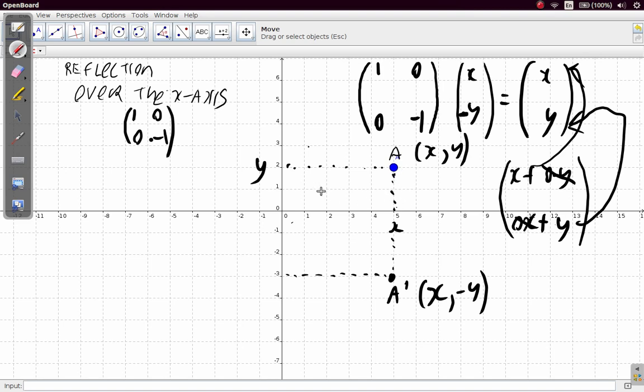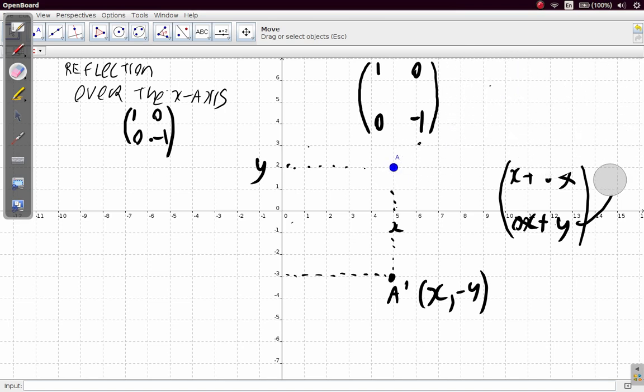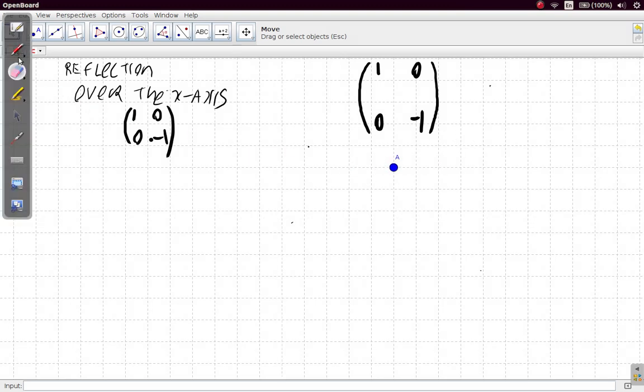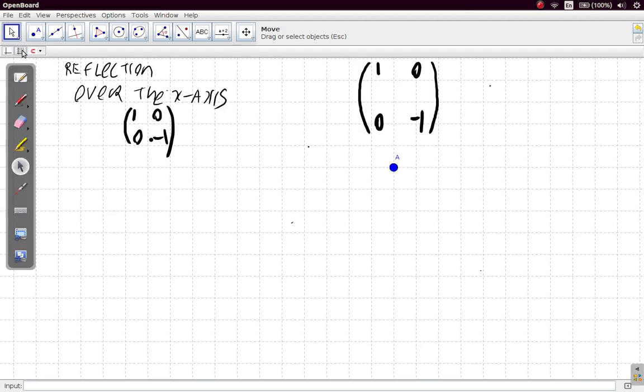All right. Let's see what happens over this side, to a point over to that side. Let's do some erasing. Let's erase these things here. We have our point. What happened to the grid?